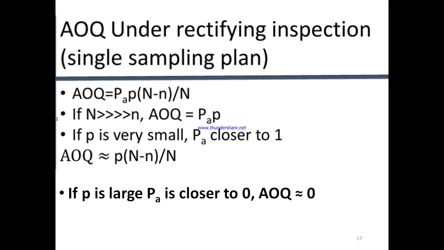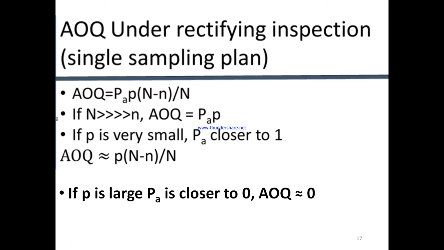So in order to measure this average outgoing quality, we use this formula, that is, PA times p into N minus n over N. Here capital N is your lot size, small n is your sample size, and then you have small p, which is the proportion of the defectives, and PA, that is the probability of accepting a lot with the proportion of the defective equal to p.